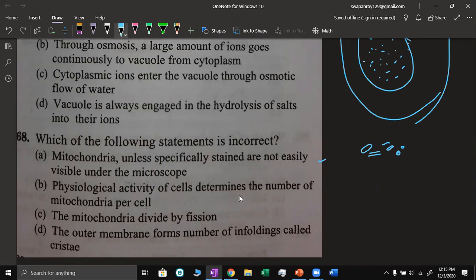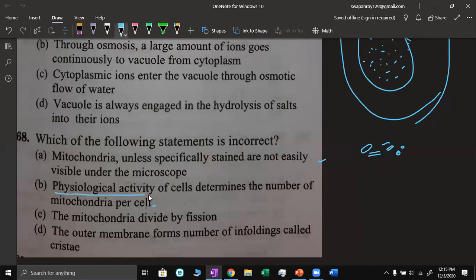Physiological activity of the cell determines the number of mitochondria per cell. This is also true. A cell will have fewer or more mitochondria depending on its metabolic condition, the physiological activity.